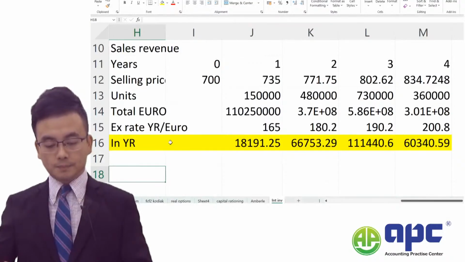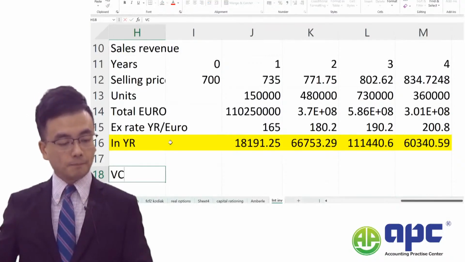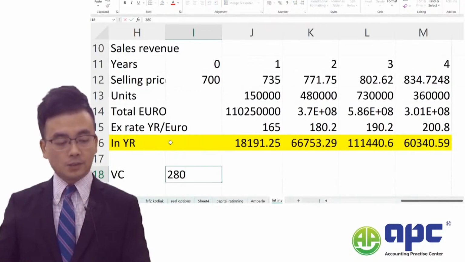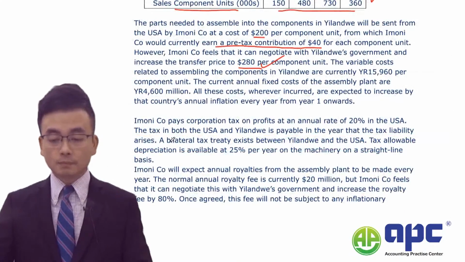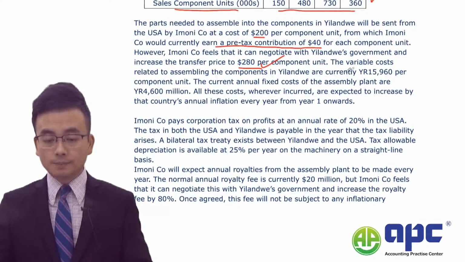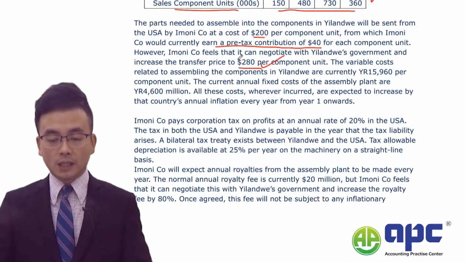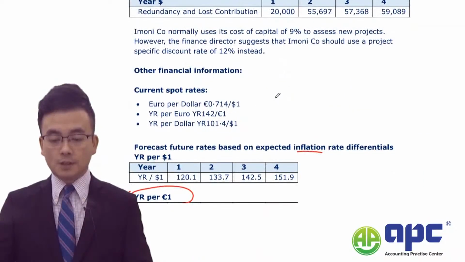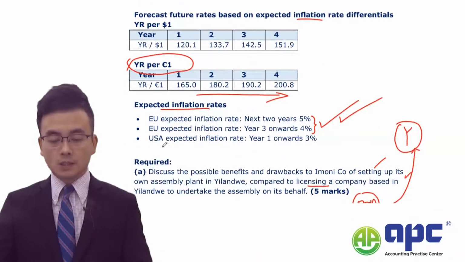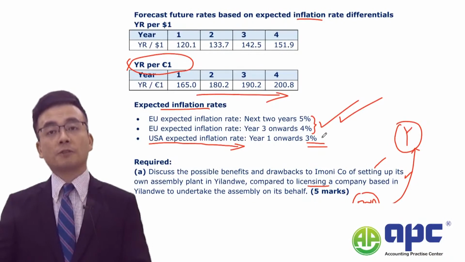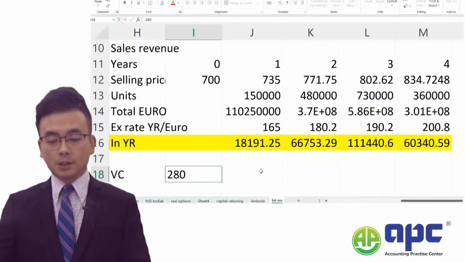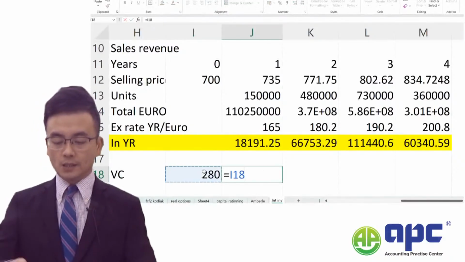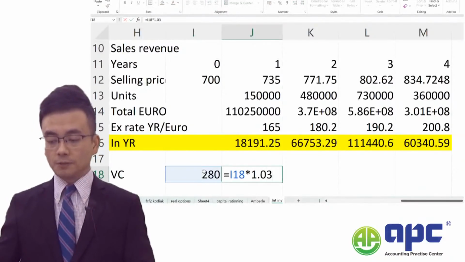Let's talk about the variable cost here. Now it's 280, and we also have other variable costs of 15,960, but we need to work out the dollar side of 280. Now, if you go to the USA expected inflation rate, from year 1 onwards it will be 3%. So year 1 will equal 280 times 1 plus 3%.